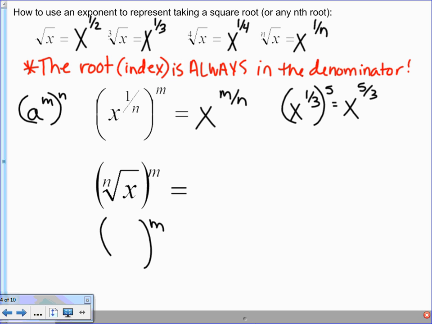And so then it looks like the line just before it. So the nth root of x raised to the m power is really equal to x to the m over n.